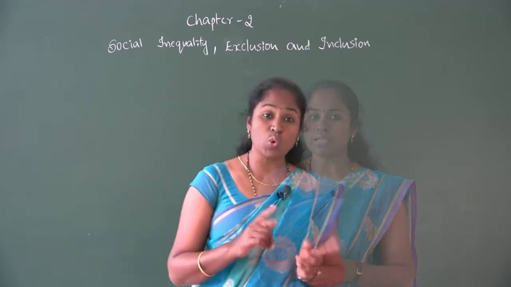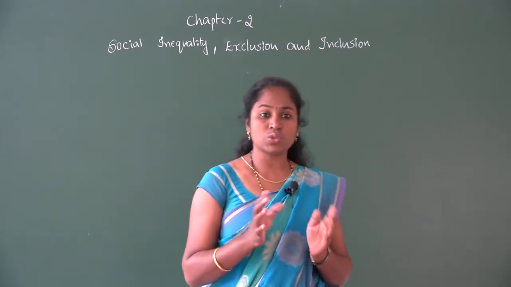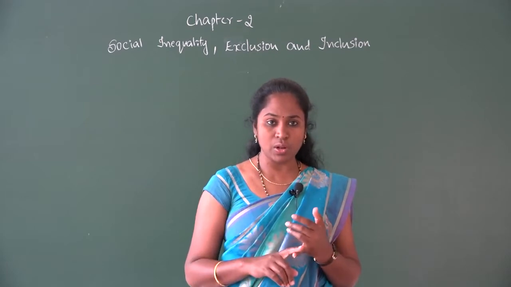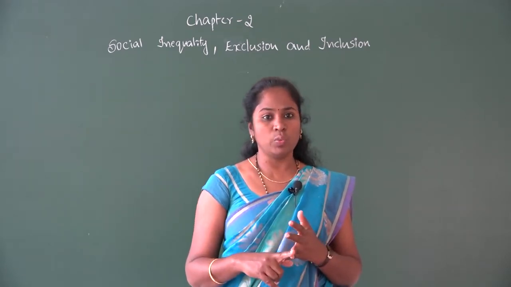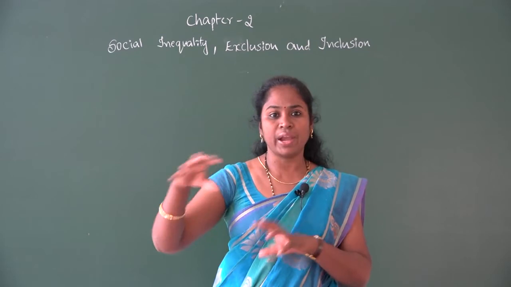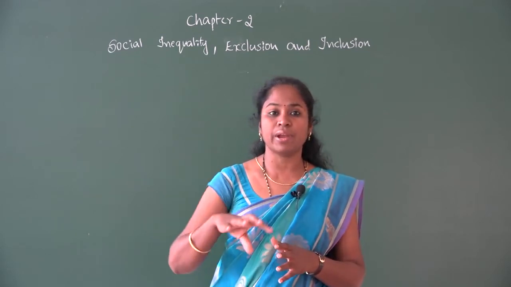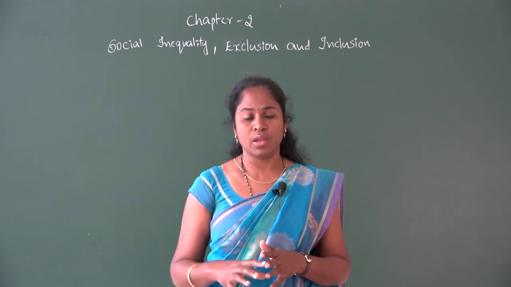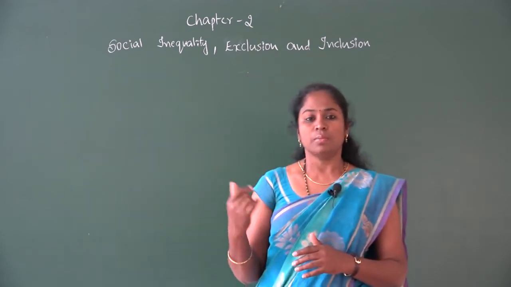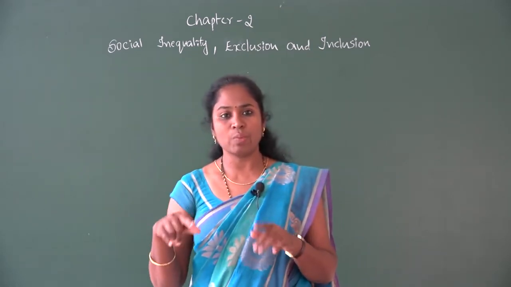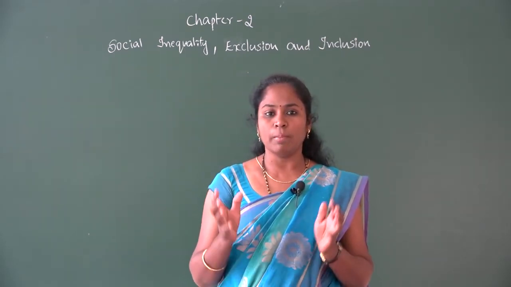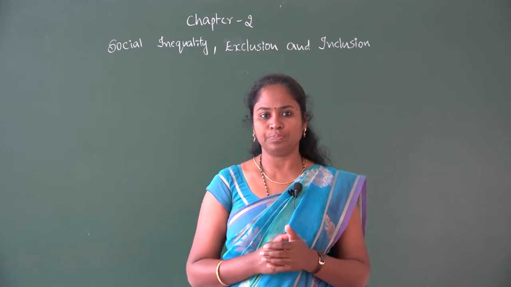Then what is exclusion and inclusion? Exclusion is when people, or an individual, or a group, feel that they are separated from the society, separated from the group. That is called exclusion. Inclusion means that where people have been excluded from the society, the government is trying to bring them together in different ways.